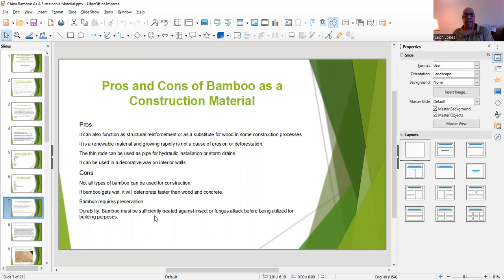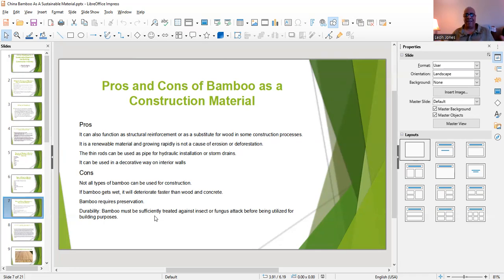Well, some of the pros that I gathered, it can be used as a structural reinforcement. So, in other words, bamboo can function as a structural reinforcement or a substitute for wood in some construction processes. It is also a renewable material and growing rapidly.